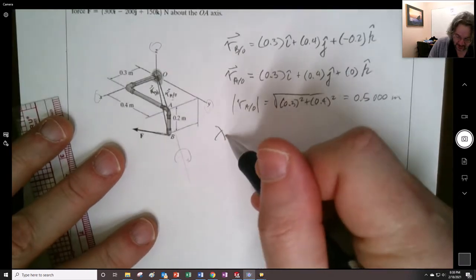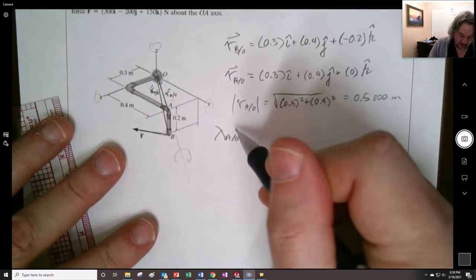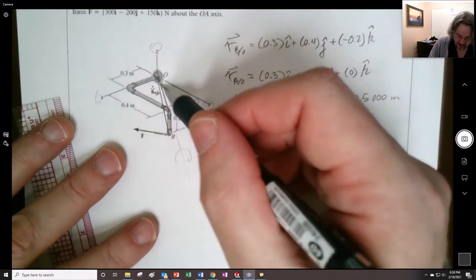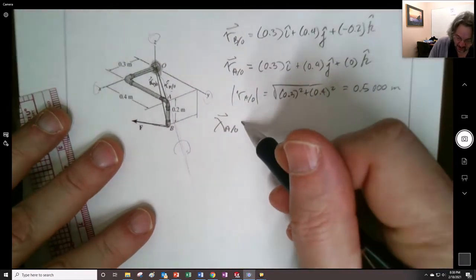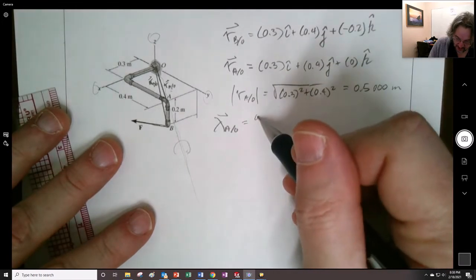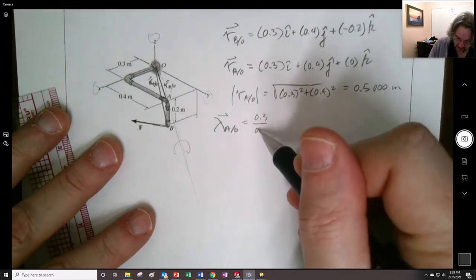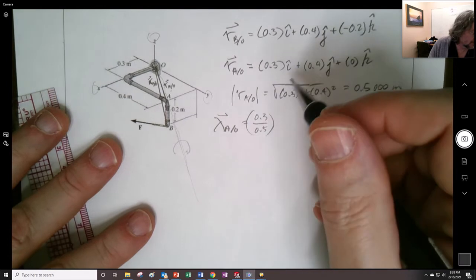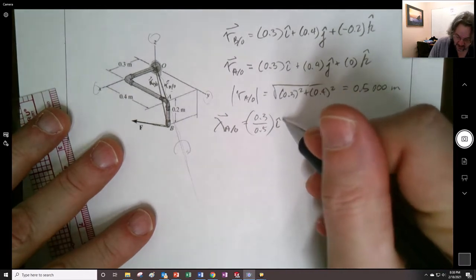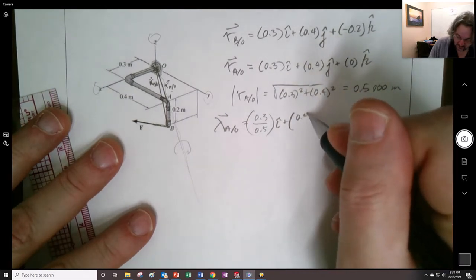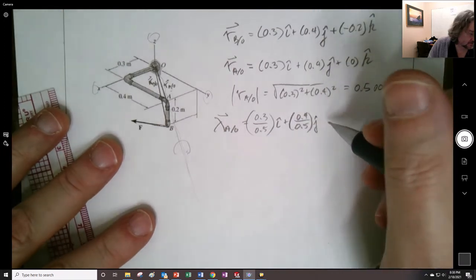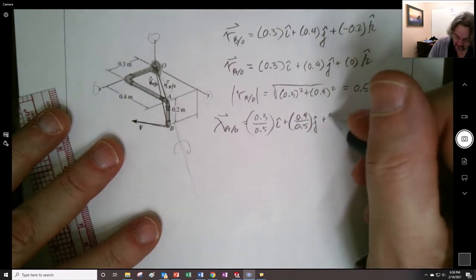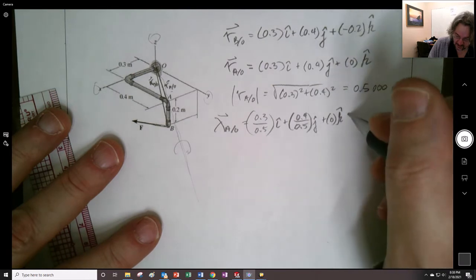And so the direction cosine of A with respect to O right here, the direction cosine that makes a line with that, is just going to be our 0.3 divided by 0.5 I plus 0.4 divided by 0.5 J, and there is nothing in this direction right there.